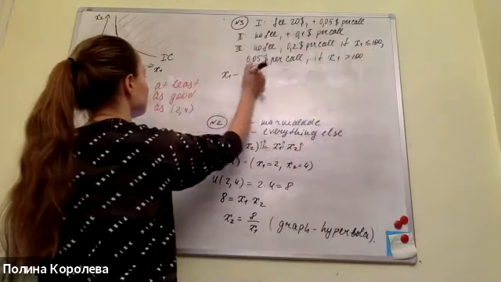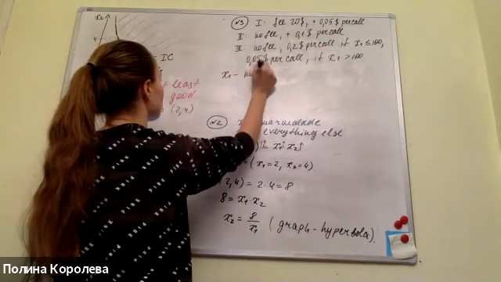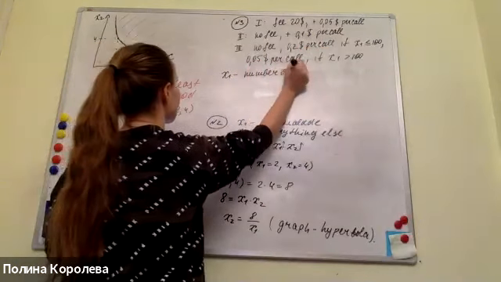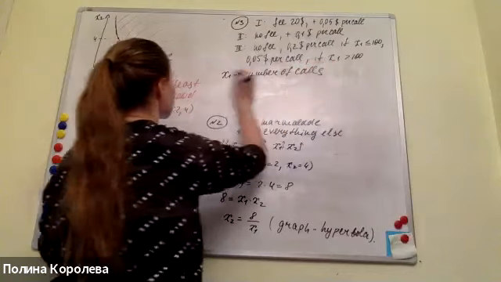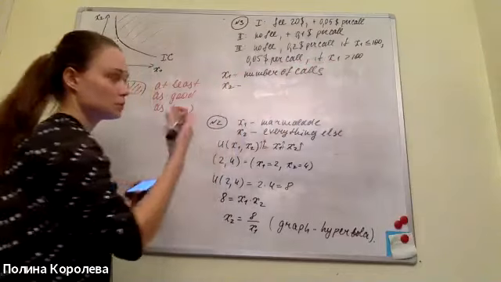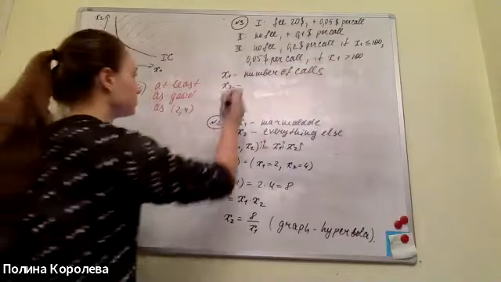Let's say that x1 is the number of calls. And x2, good x2, is everything else.